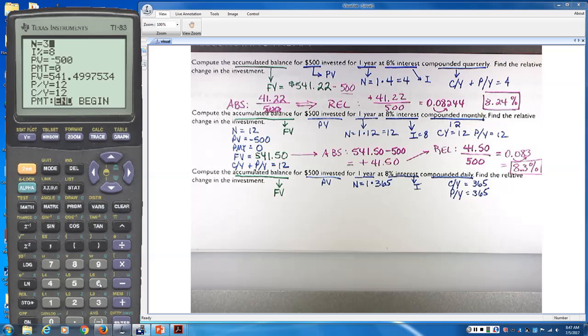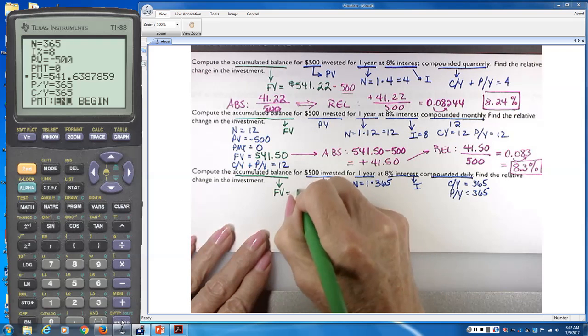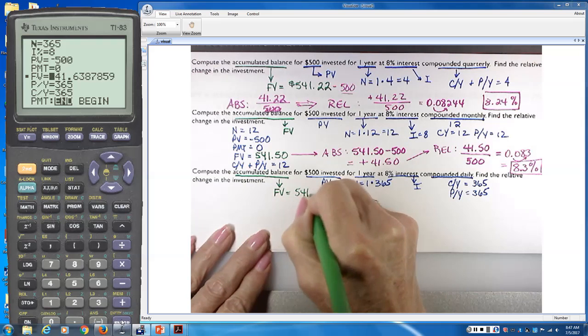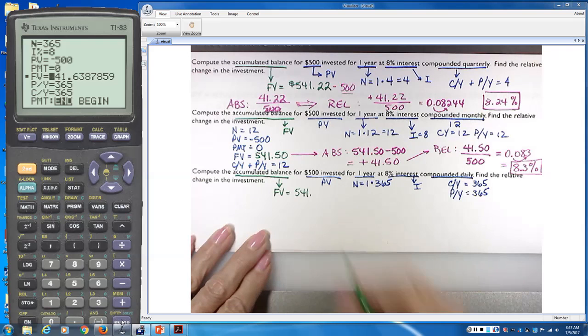And N is going to be 365, 8% interest, $500 initial deposit, no payments, compoundings per year 365, and that's the same for C/Y. And we're going to solve for the future value. And now we get $541 and 64 cents.